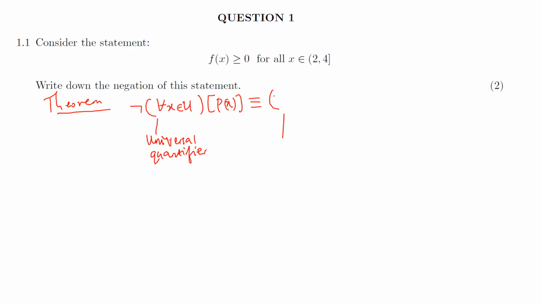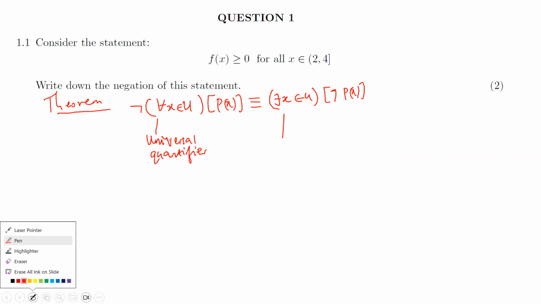So this is the same as there exists x in U, not P of x. So this is the theorem we use.